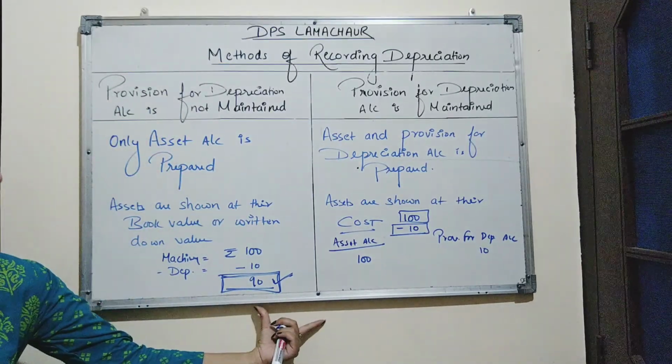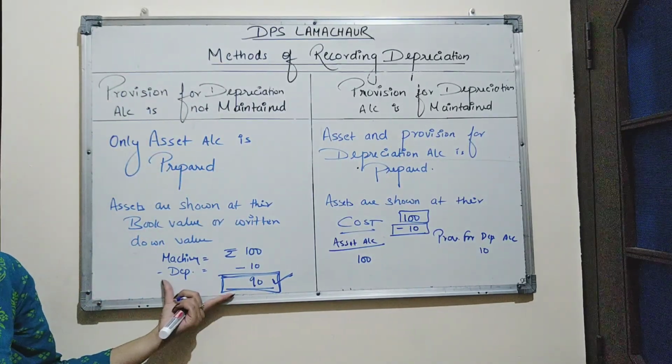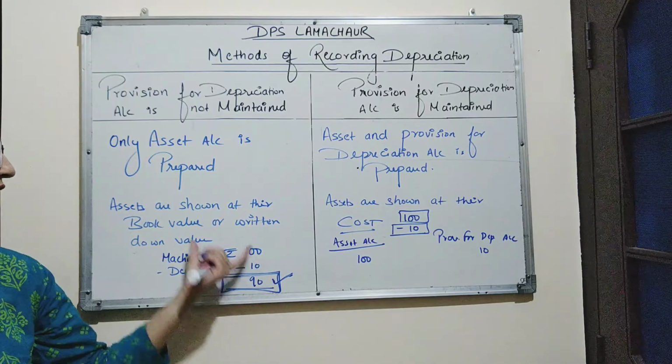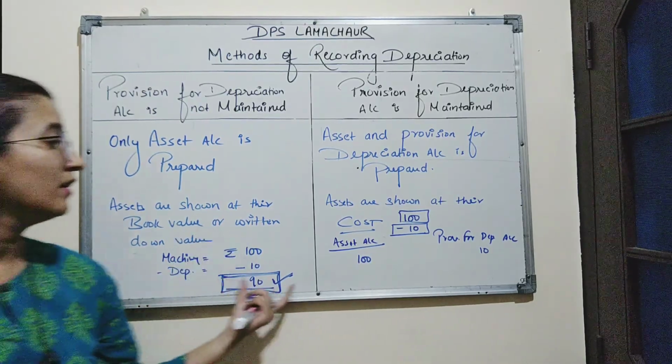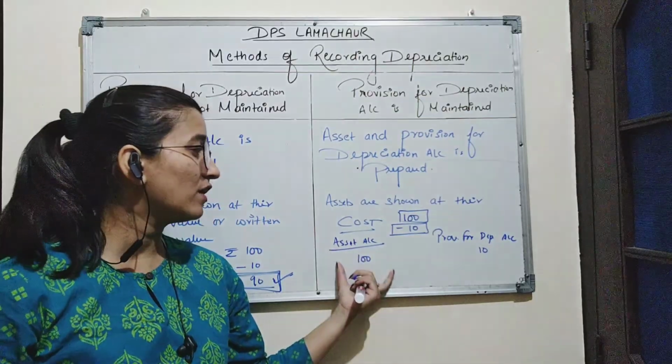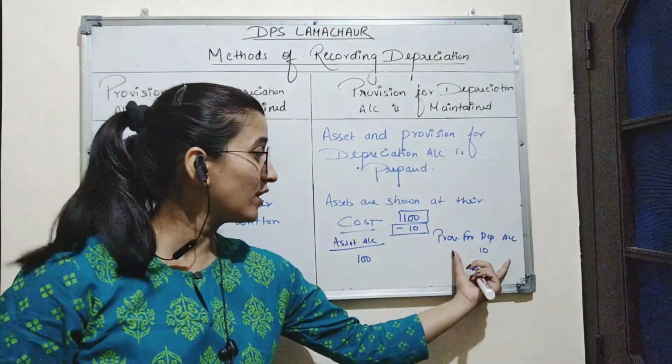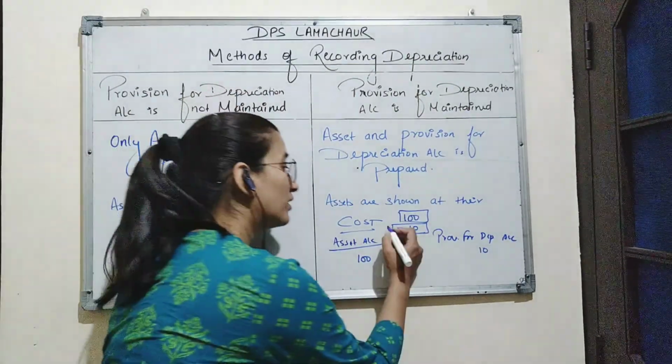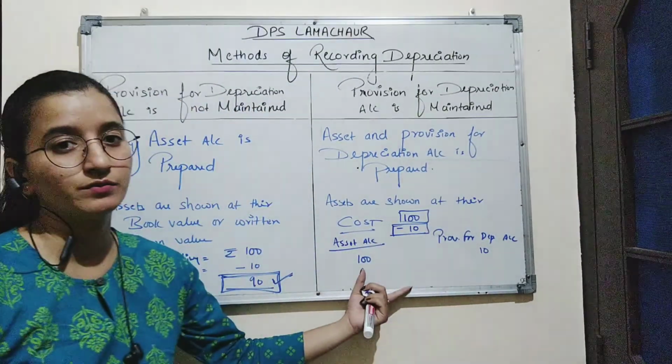So the difference between these two methods is, here the accountant is showing the asset at its written down value, and here the accountant is showing the asset at its cost value and preparing a provision for depreciation account for recording all the depreciated value.